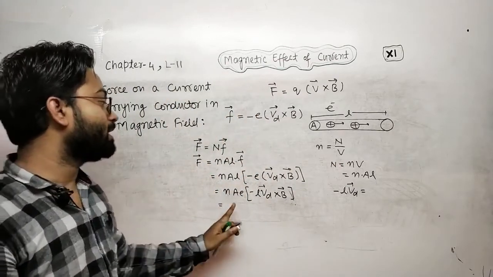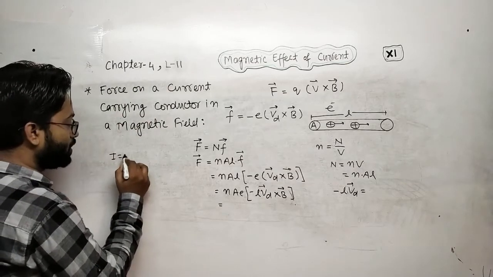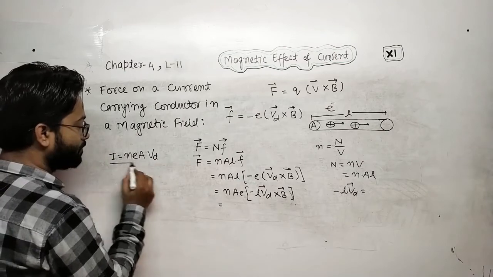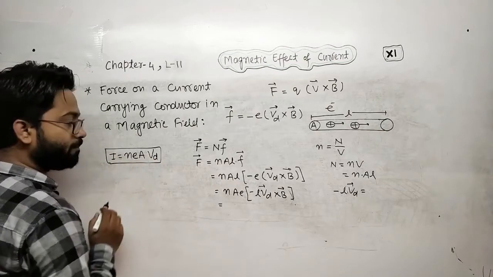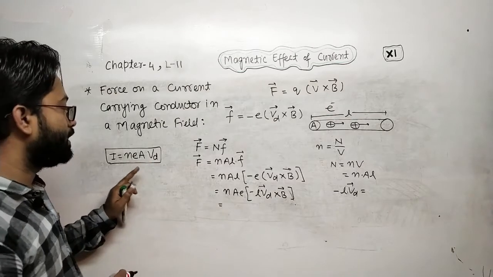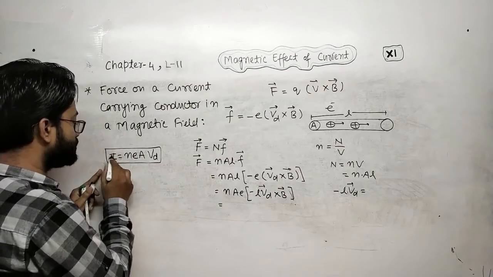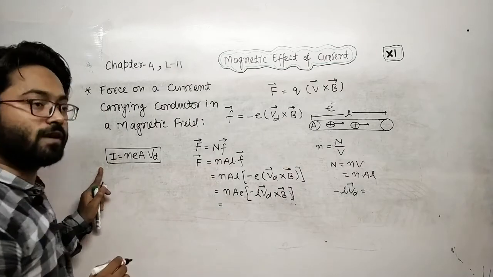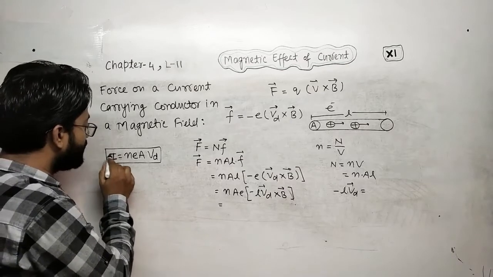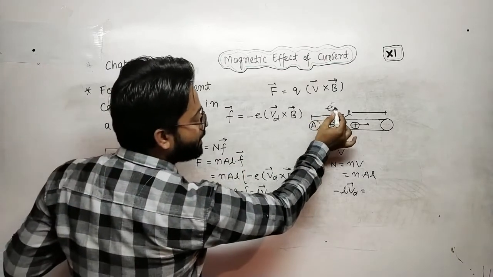if you take current, because we know that current is equal to n E A V D, hope you know. If you insert I here, I is the direction of current, and the current is in the direction of positive charge, but here we have taken an electron.